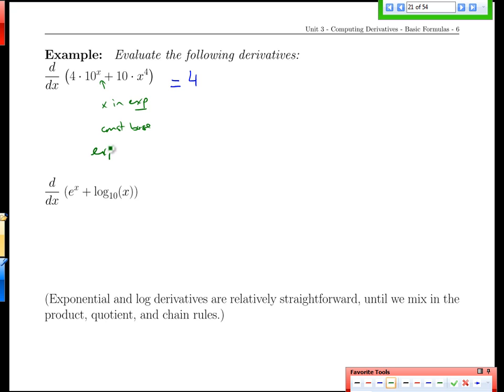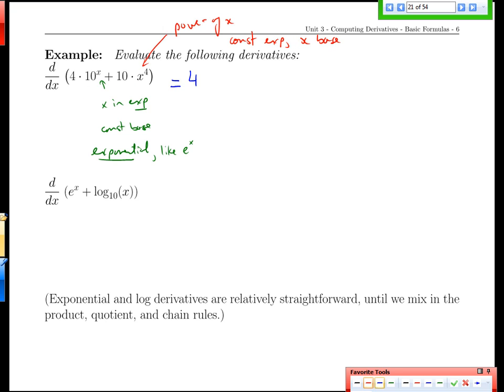This is an exponential function, like e to the x. Distinguish it from this one here, x to the 4, where this is a polynomial. I guess technically a monomial, but a power of x. Constant exponent, and x is the base.